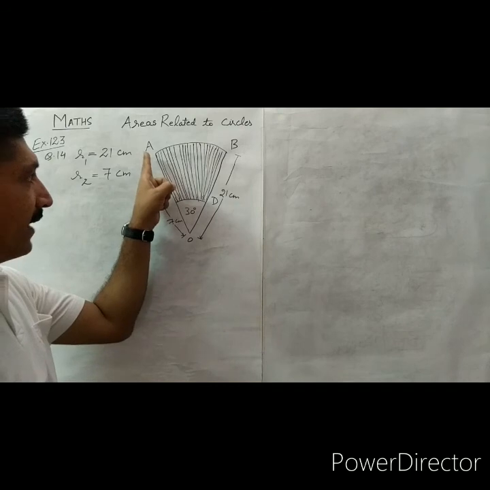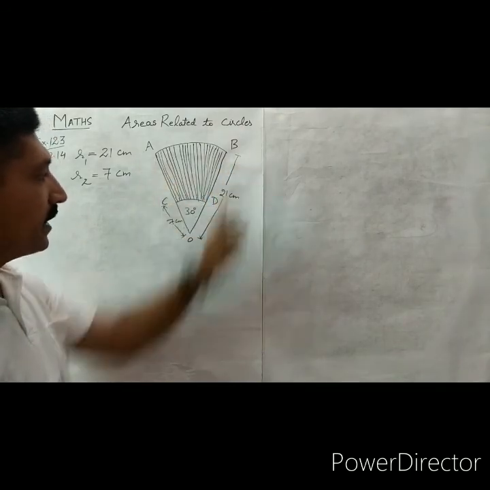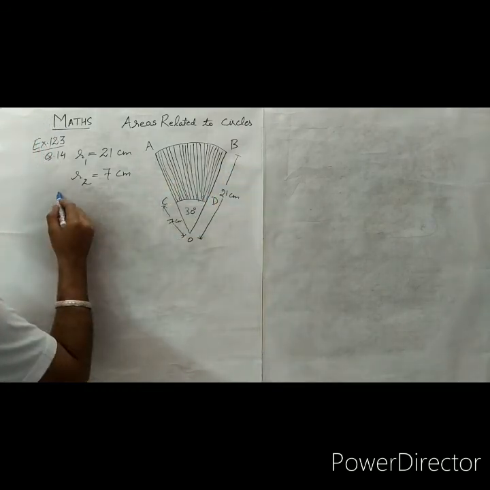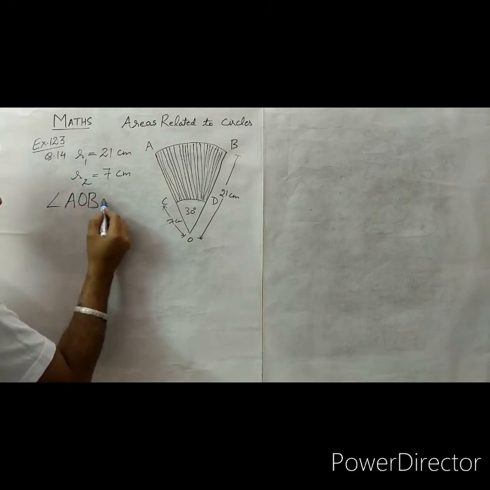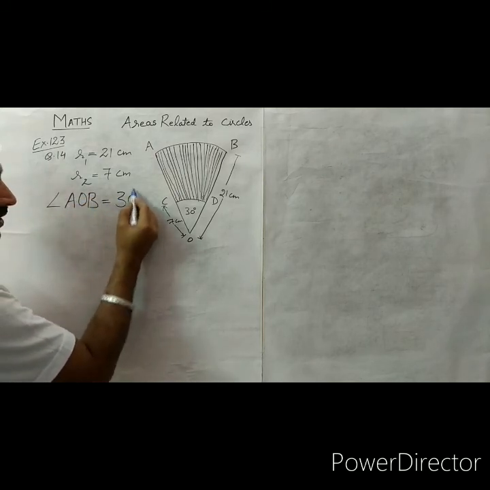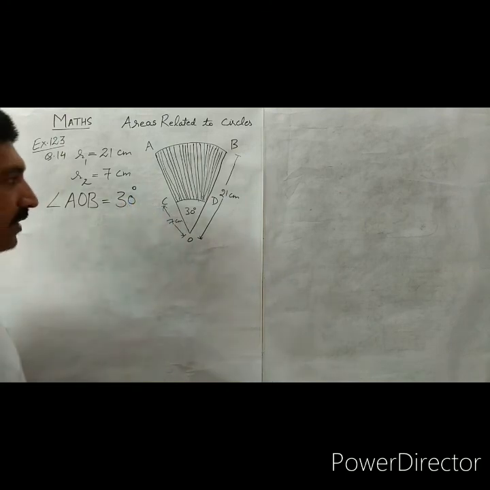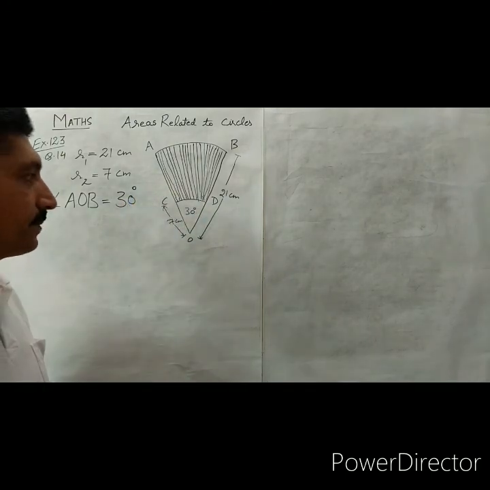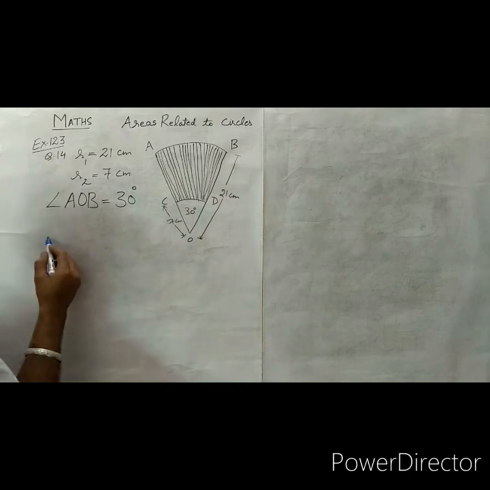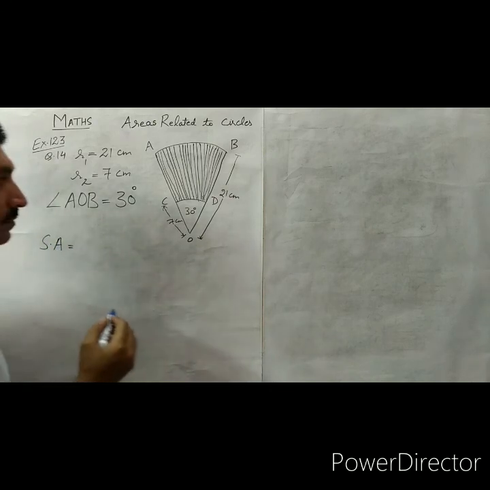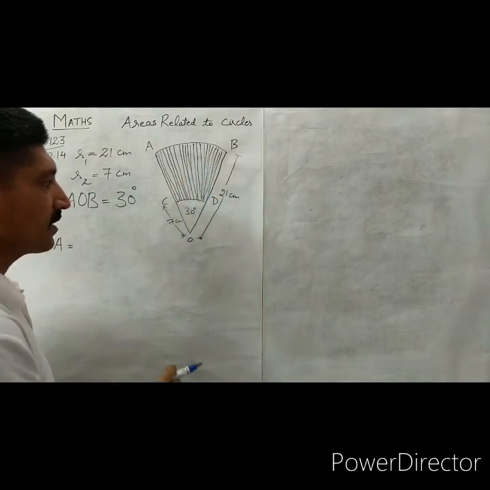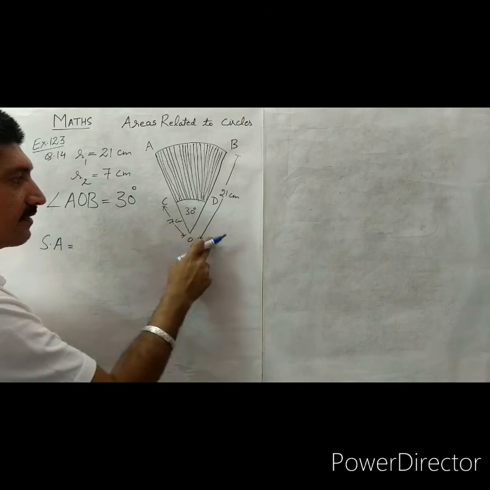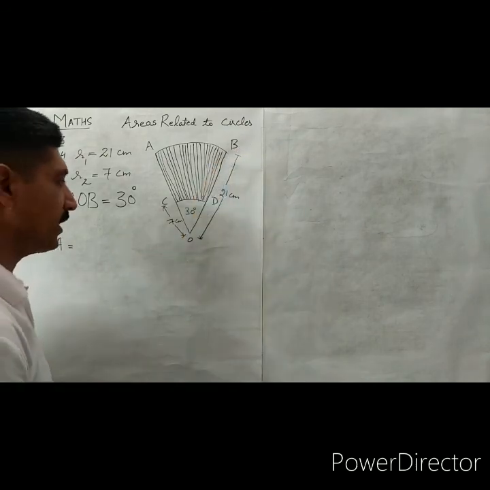Whereas given angle AOB is 30 degree. So we have to find this shaded area. So here the shaded area is equal to, because here we have two sectors, one with radius 7 and another with radius 21.